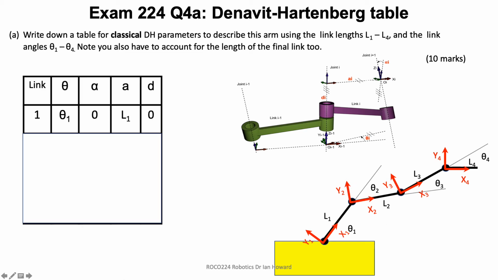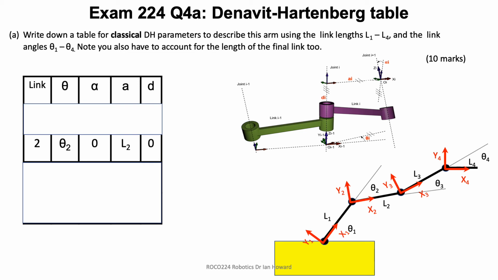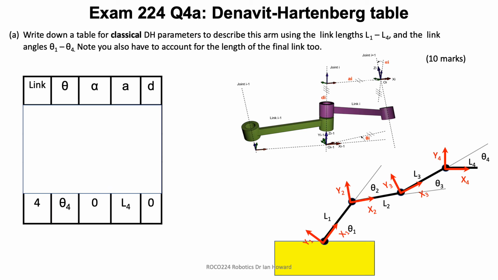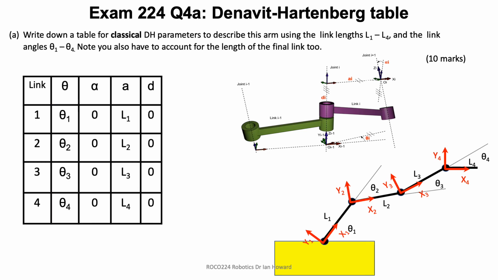So we can build up our table, which is of the same general form for all of the linkages. So the first link has theta equal theta 1 and A equals L1. Similar thing for the second one, this time theta 2, L2. Third one, theta 3, L3. Fourth one, theta 4, L4.